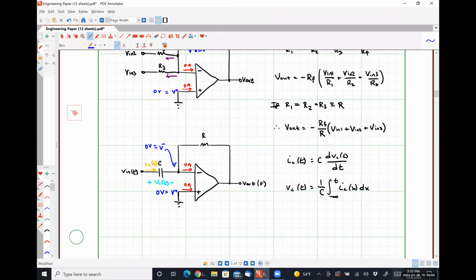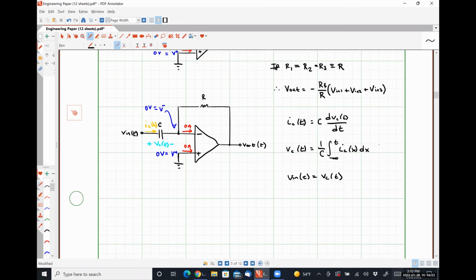Well, the inverting input terminal looks like ground in this case because it has a potential of 0 volts. So we can say that Vn of t is equal to Vc of t, and therefore Ic of t is equal to C dVn by dt. Everybody okay with that? If you got any questions, I'm happy to answer.